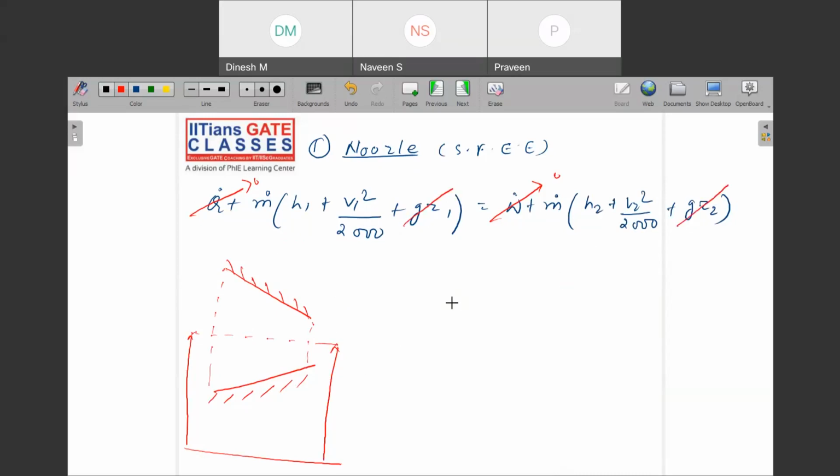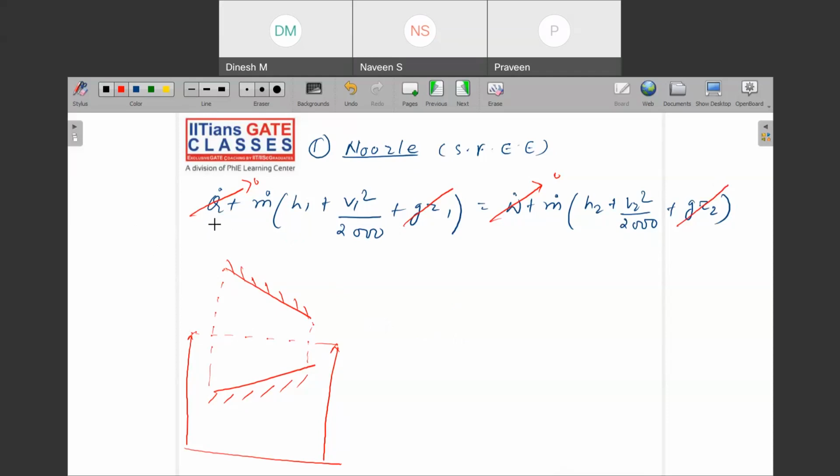If there is some problem where they mention that it enters at 10 meter and exits at 5 meter, then you are free to use that. If they are not mentioning the data, then you can use certain approximation. Like if they mention some heat loss, then you will take care of it.